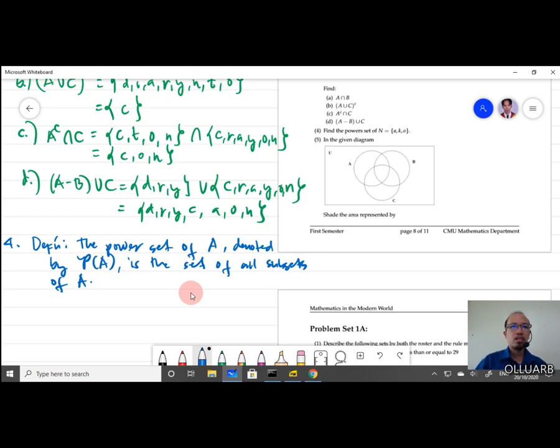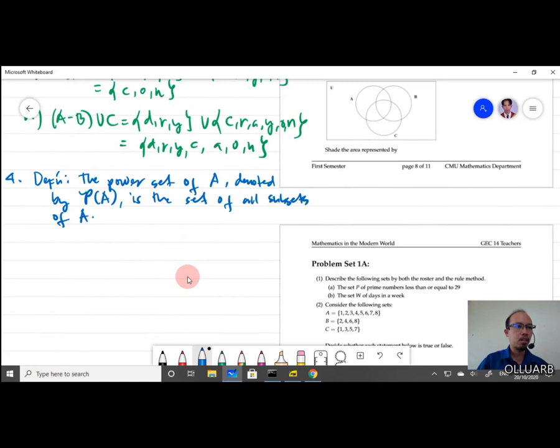Okay, so before we answer number 4, let's have an example here. If you have a set A which is denoted by 1 and 2, the power set of A is, as you can see here, the set of all subsets. So meaning to say, you have to get all the subsets of A and then put it in this notation.